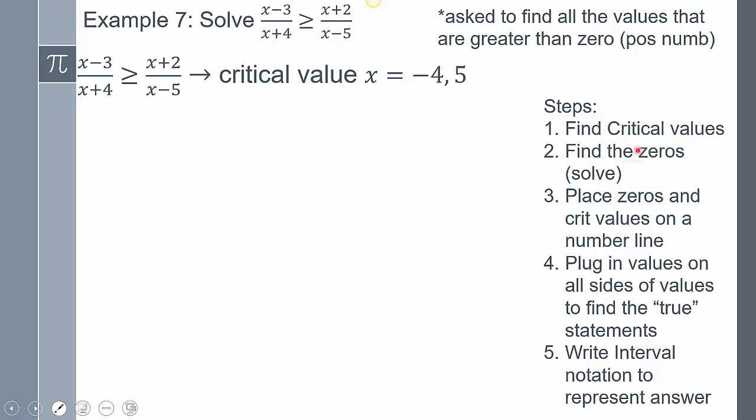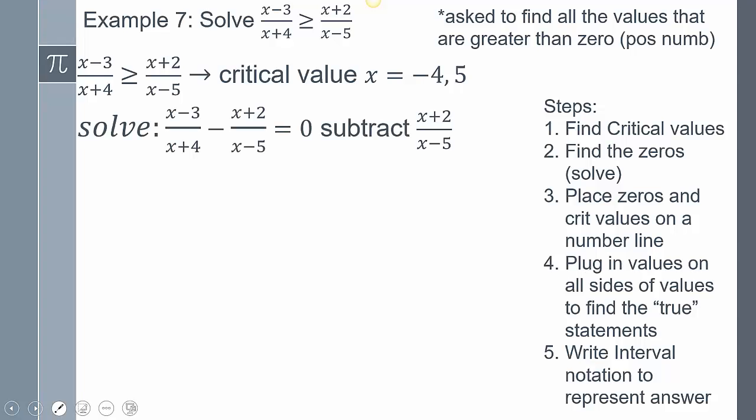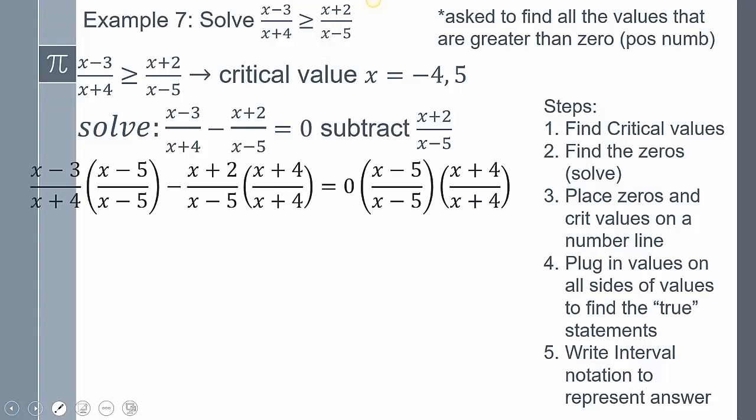Then find the zeros. So in finding the zeros, if I subtracted that x plus 2 over x minus 5, I have to find the common denominator between everything. So this statement needed the x minus 5, this statement needed the x plus 4, and this statement needed both the x minus 5 and the x plus 4. Well, 0 times anything is just 0.